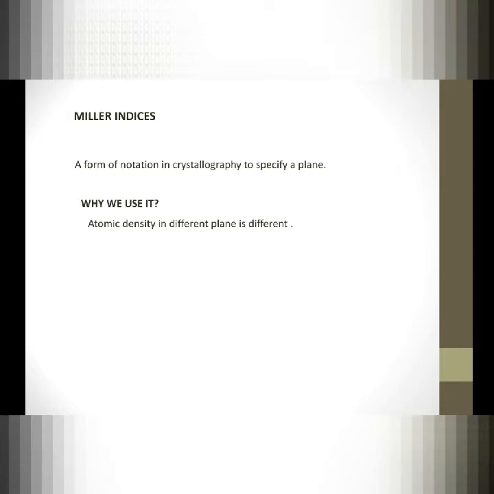Like the atomic density or defect density in the 100 plane is different from the 111 plane, and that's why their characteristics are also different. To know the orientation of the plane and what type of plane it is, at first we have to know what Miller indices is and how we can draw a crystal plane.